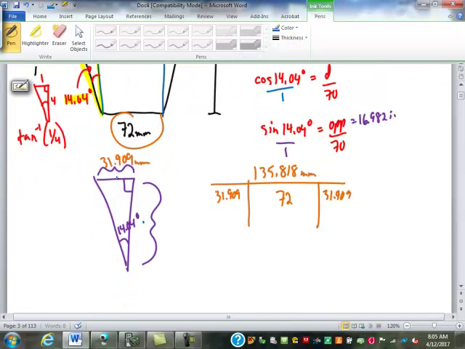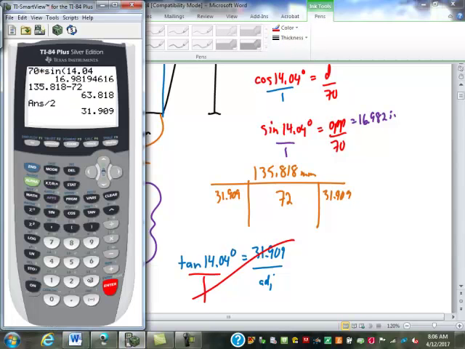This is the adjacent side. The 31.909 is the opposite side, so we're dealing with a tangent of the 14.04 degrees equals opposite 31.909 over that adjacent side. Put this over 1, we cross multiply and divide. 31.909 divided by tangent of 14.04.